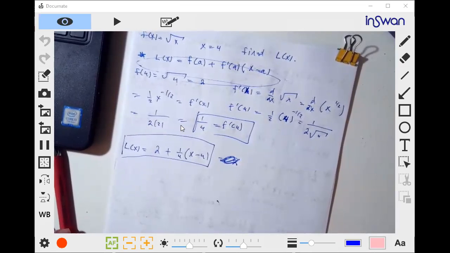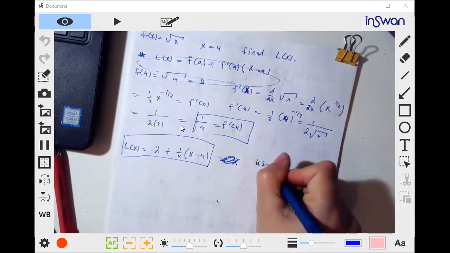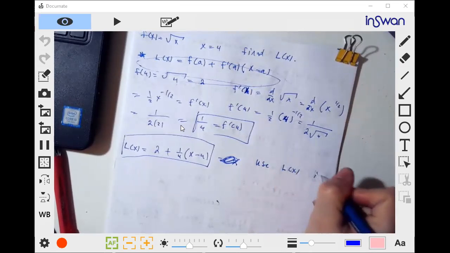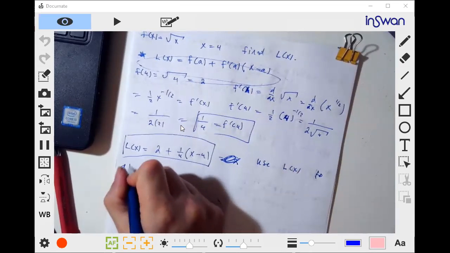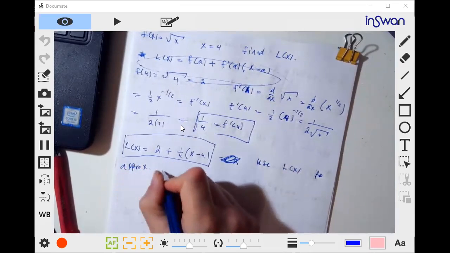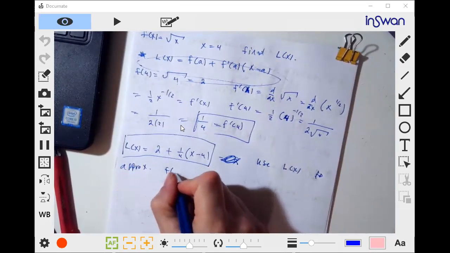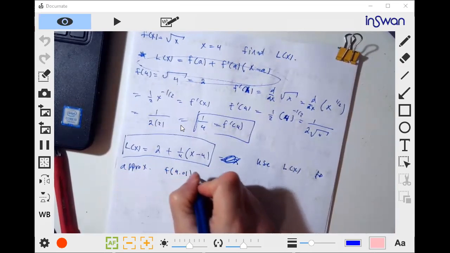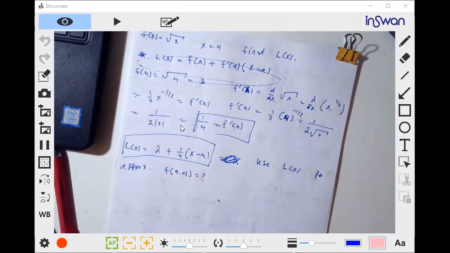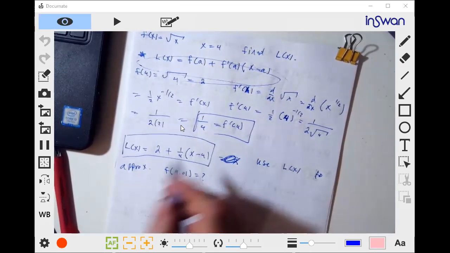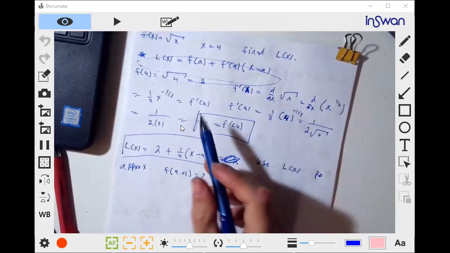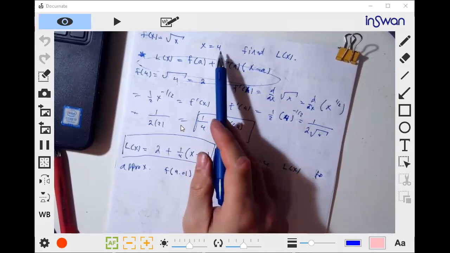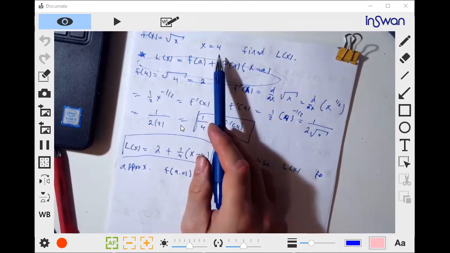So now, once we find the linearization, use the linearization to approximate what is f of 4.01, for example. Well, why did I pick 4.01? That's just a value slightly different than 4, a little to the right of 4.